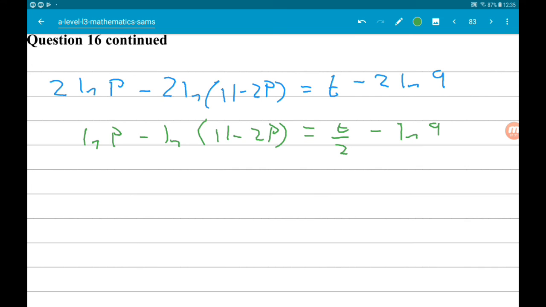Okay, now if we add log 9 to both sides, then we have log 9 add log p, which is log 9p. So we get log 9p minus log 11 minus 2p. So we can combine that as well to get log of 9p over 11 minus 2p, and that is equal to t over 2.